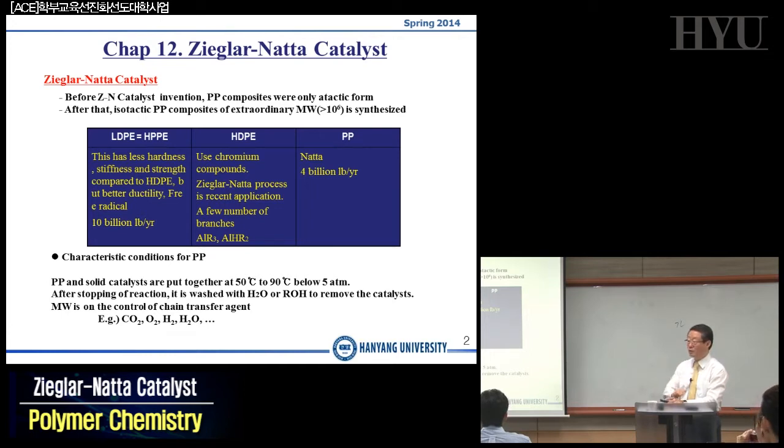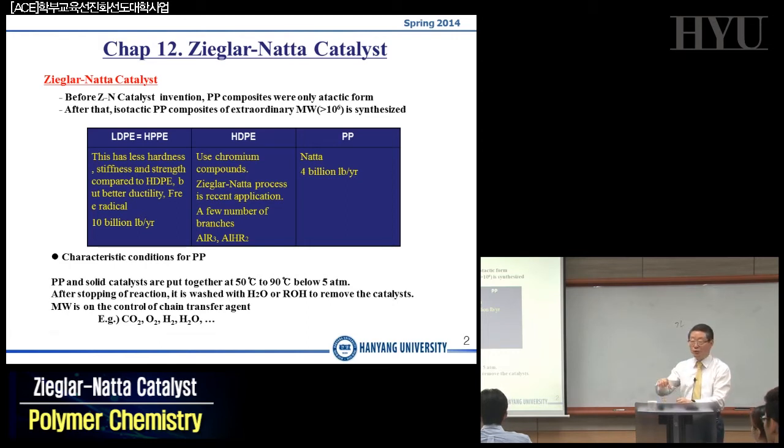When you go to the supermarket, they use a very thin packaging film, which can hold your heavy items, even a watermelon. And that film is made of HDPE rather than LDPE.